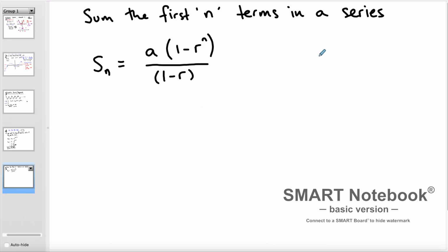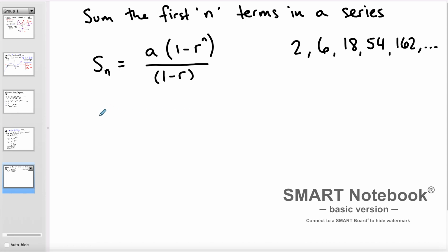Okay, and so let's see this in action. We can stick with the same series, 2, 6, 18, 54. Maybe we will look at it again for the first 10 terms, right?